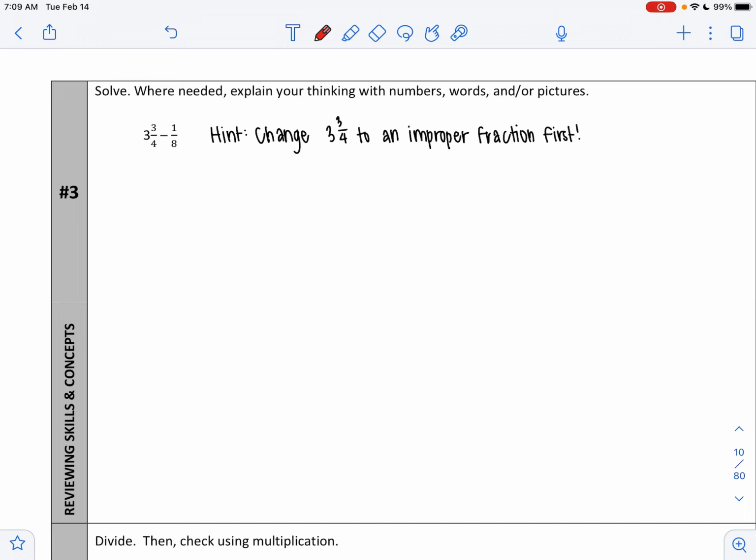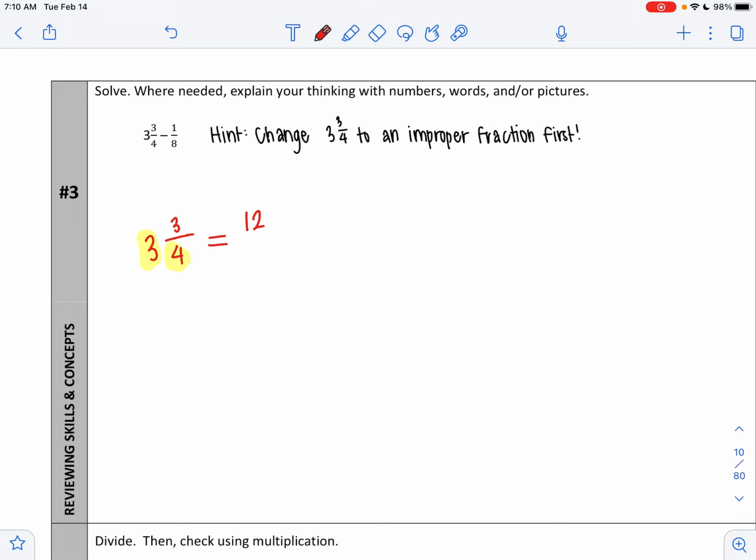So in question 3, we've got a subtraction question, and I'm just going to review the first step. It says here, hints, change 3 3/4 to an improper fraction first. Remember that to move to improper fractions, we need to multiply the whole number times the denominator, so that's 12.